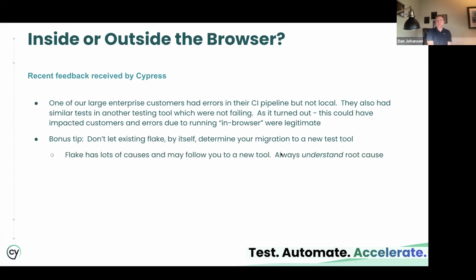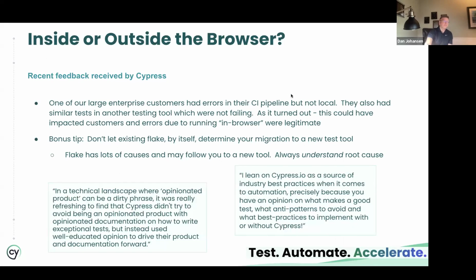Realize that flake has a lot of causes, and if you decide to change to a different tool, those causes may very well follow you over to the new tool. So it's very important to always understand the root cause of what's going on with your tests and why they're failing.